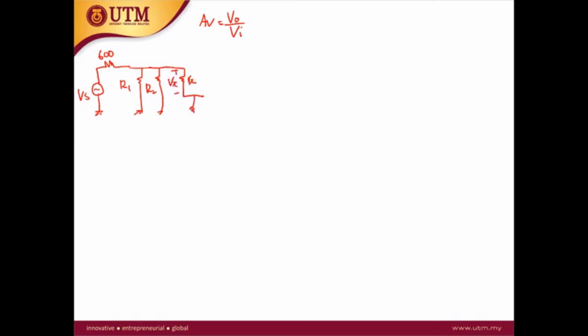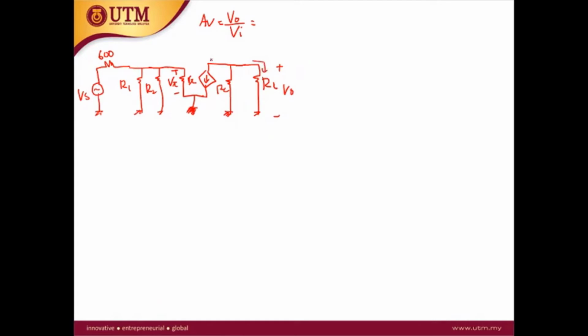The emitter is connected to the ground, so there is no resistor here. Then we have the current source Gm V pi connected at the collector to the RC, and lastly connected to the RL. Here the Vout is the voltage across the RL, which is equal to the voltage across the RC. So if you want to use the RL, you need to know the current at the RL.